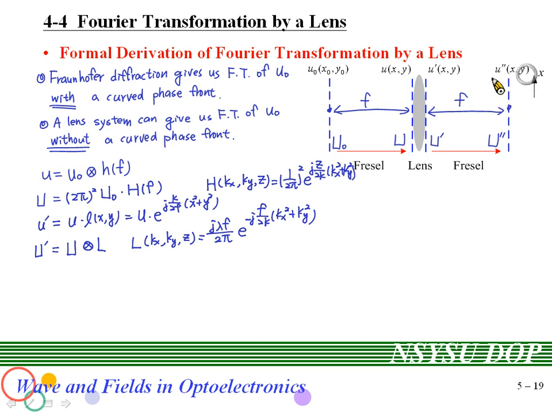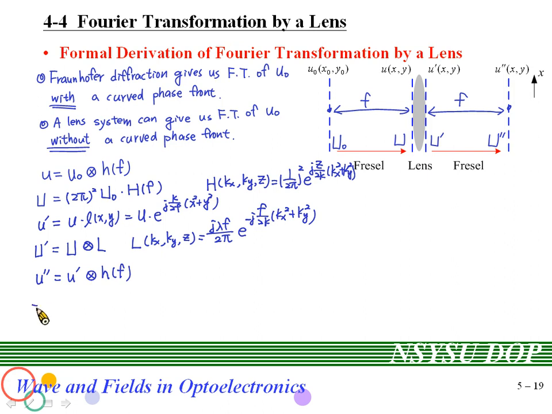And finally, at the final point, we shall have the amplitude u double prime, and of course, u double prime is the diffraction field of u prime after it propagates a distance of f. So u double prime can be written as u prime convoluted with the h function of f.